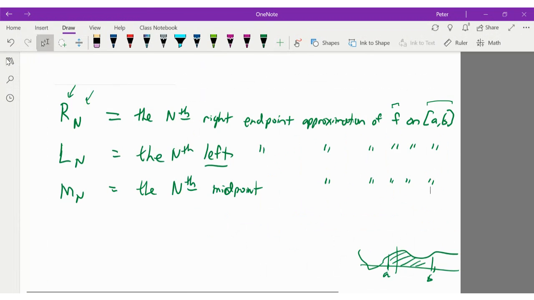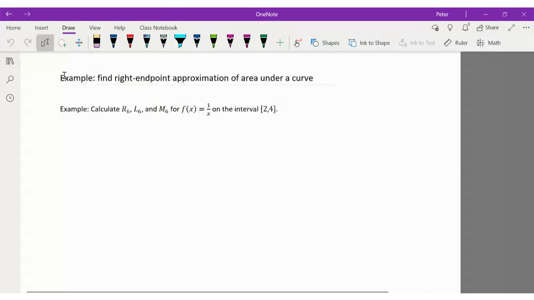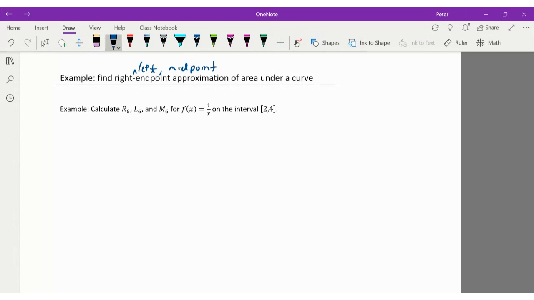So with that said, we'll see how the notation's used and also see how to solve the problem at the same time. So let's find the right, left, and midpoint. I think I was just going to do a right one, and I forgot to update the slide when I decided to do them all at the same time.